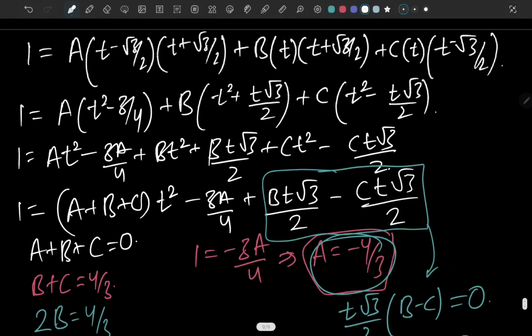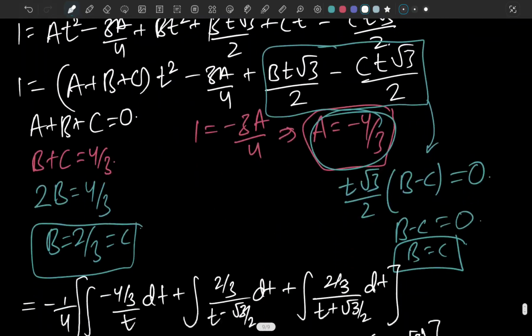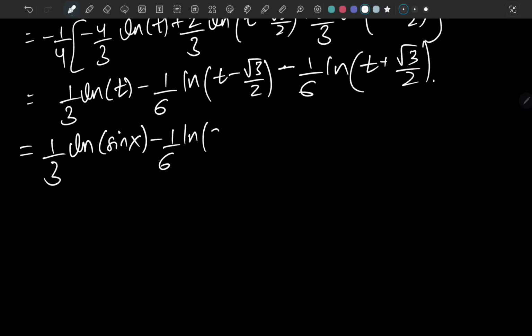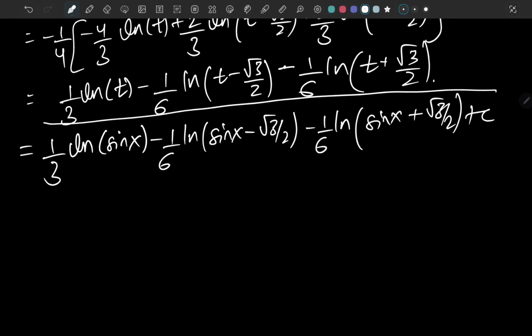And we have assumed t as sine of x, just replace it with that. So this becomes 1 over 3 ln of sine of x minus 1 over 6 ln of sine of x minus square root of 3 over 2 minus 1 over 6 ln of sine of x plus square root of 3 over 2 plus c.